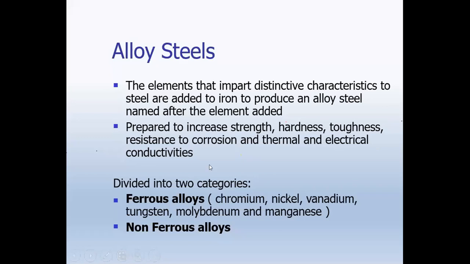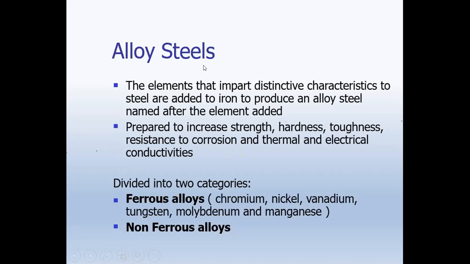An alloy steel is a steel material which contains some other materials that have been added to the parent steel for the purpose of modifying some mechanical properties. Such properties include strength, hardness, toughness, resistance against corrosion, as well as thermal and electrical conductivity.